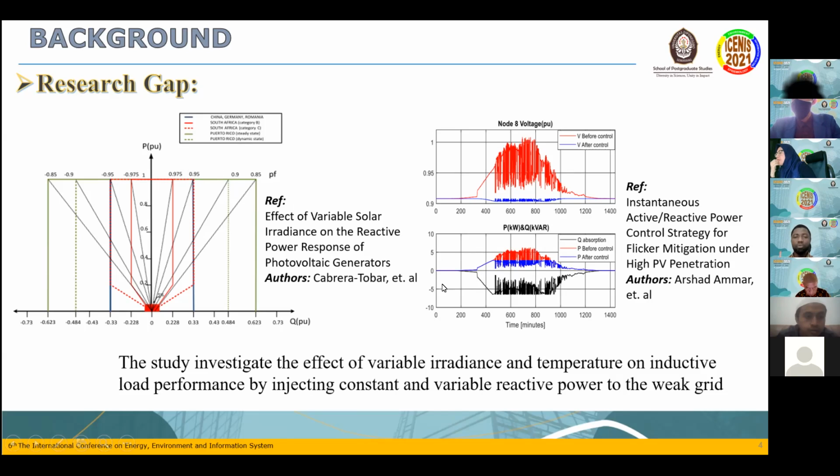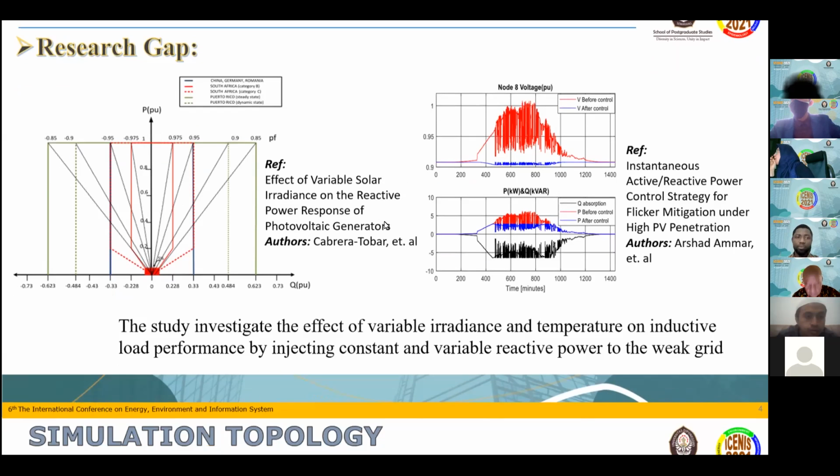However, from these two researches, we developed our research to inject reactive power constantly, as well as injecting reactive power which is not constant, in maintaining the grid power factor in order to investigate the effect of irradiance and temperature on the inductive load.